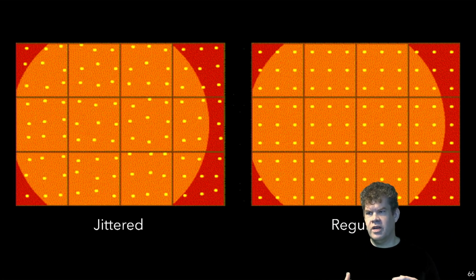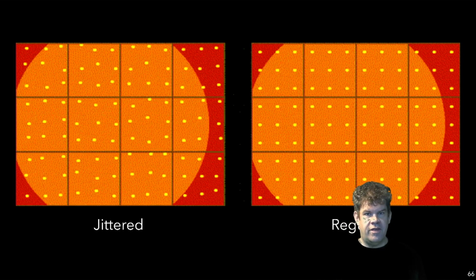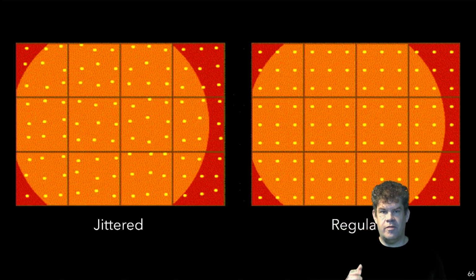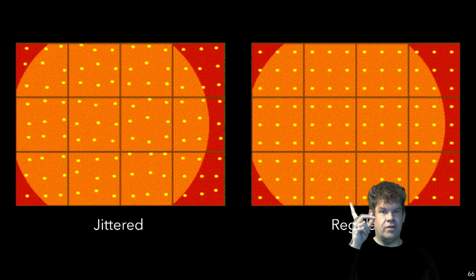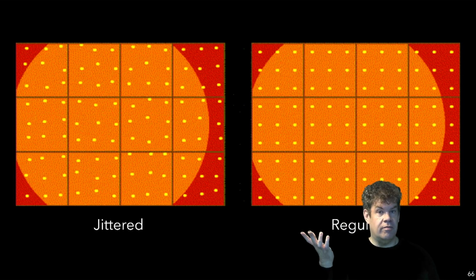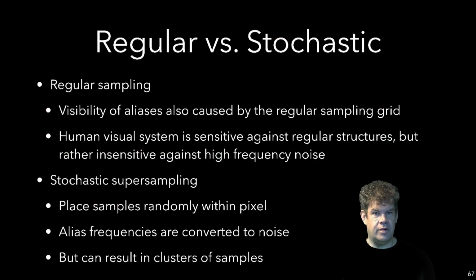It would probably drive me mad if I looked around here somewhere and saw all the noisy effects of my visual system, of my eyes, of my retina. So noise is suppressed, and that's cool because now we've added noise to get rid of the regular structures, and that works, but the noise is suppressed, so it's gone. That's the motivation behind jittered sampling. It adds something that's suppressed by you instead of being enhanced.